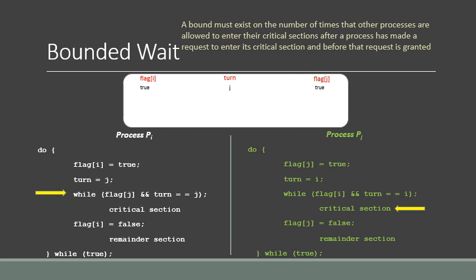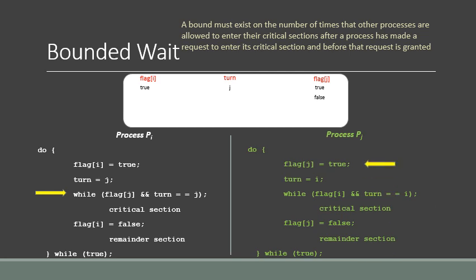After process Pj has executed its critical section, it would change the flag of j to false and jump to its remainder section. Now suppose process Pj again wants to enter its critical section, so it will execute the entry section code one more time.